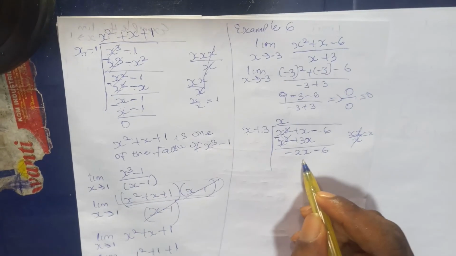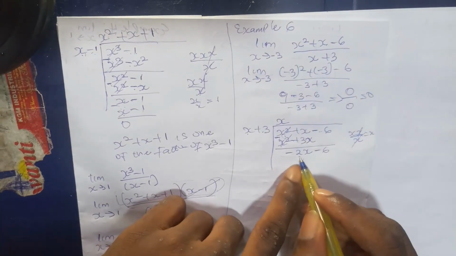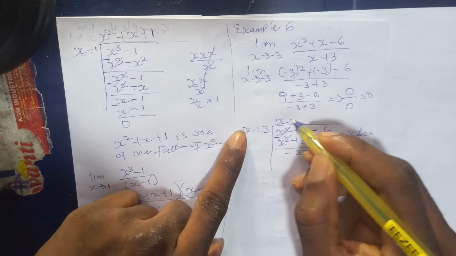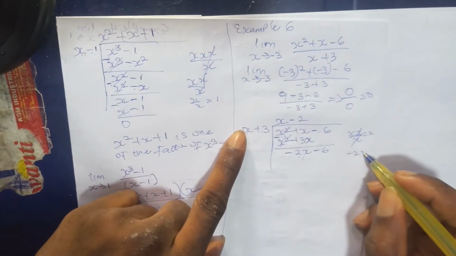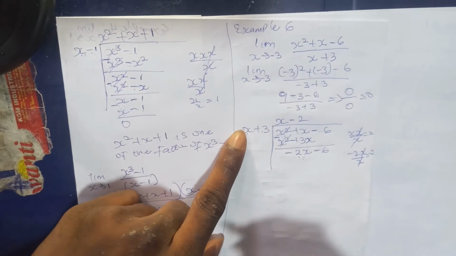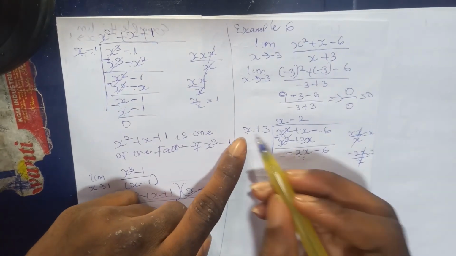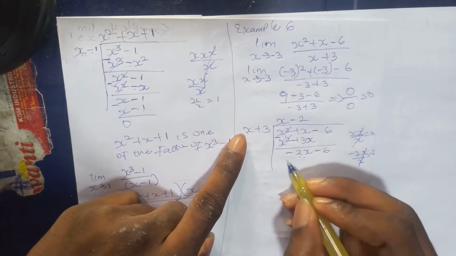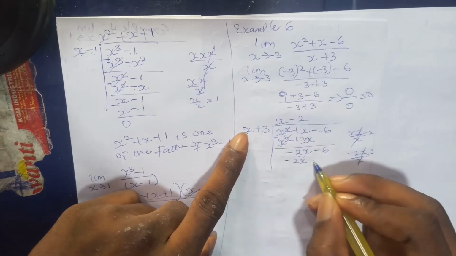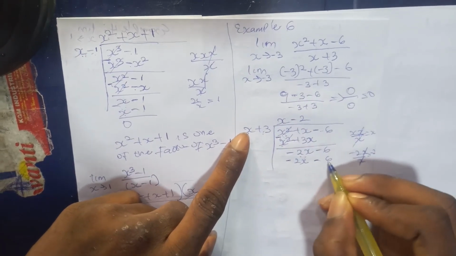Again, there's still x here. You still reduce it. Minus 2x divided by x should give us what? Minus 2. Now x times minus 2 gives us minus 2x. Then plus 3 times minus 2 gives us minus 6.